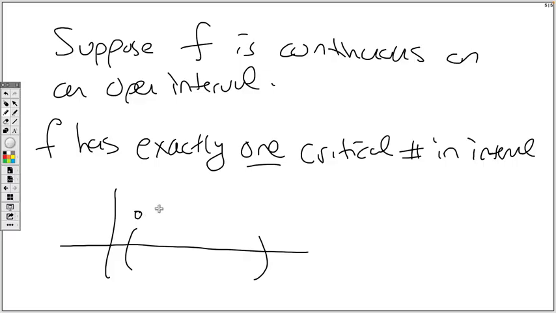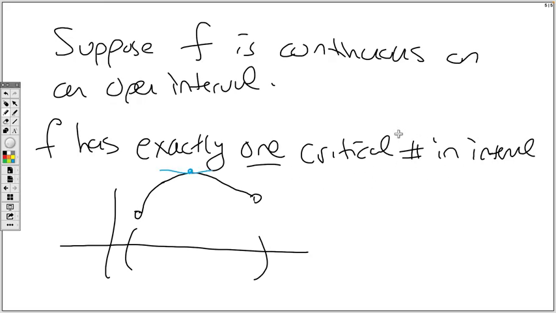That means that when I go to connect the dots, it can level off or have a sharp turn only once. So like that maybe. Say that's the critical number there.